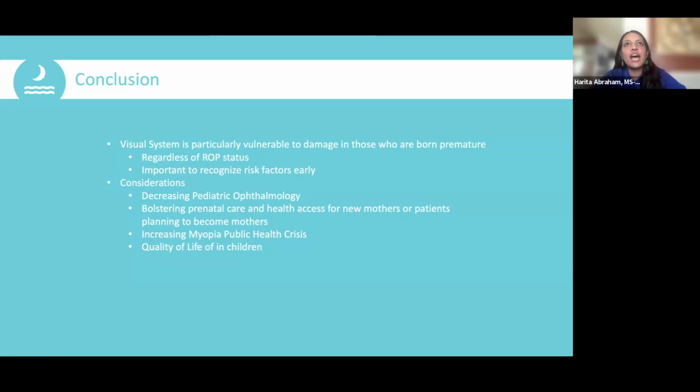And so if we have poor access issues, maybe we empower our OB-GYNs and family med docs, and maybe they're already doing this, but really empower them to keep their antennas up about eye problems in premature infants. And then we also need to, this is nothing new, bolster prenatal care and healthcare access for new mothers or patients planning to become mothers.